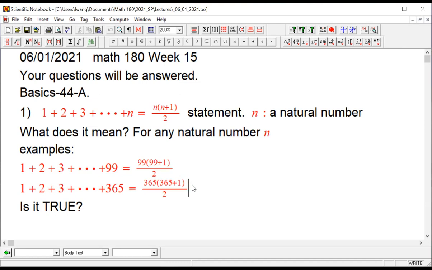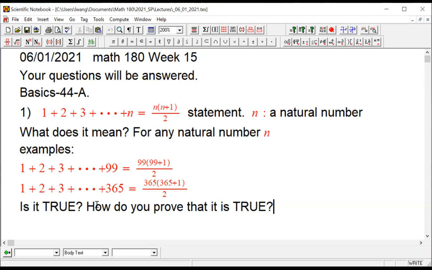So is it true? That's the question. And if it is, how do you prove that it is true? You can show that for n equals 2 it is true, for n equals 3 it is true, for n equals 5 it is true.